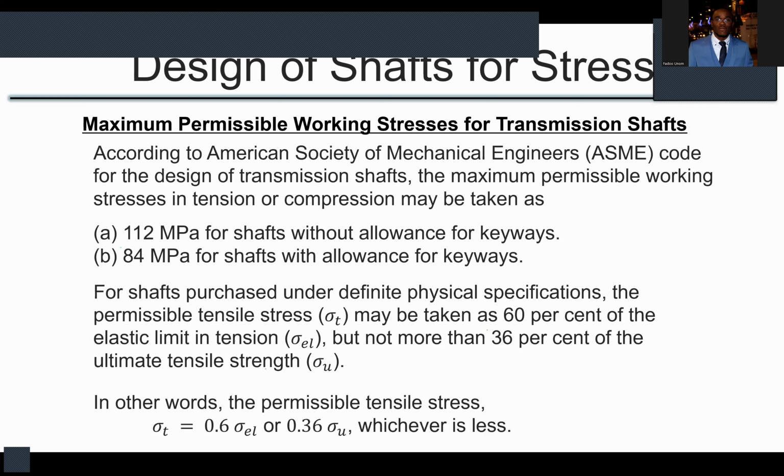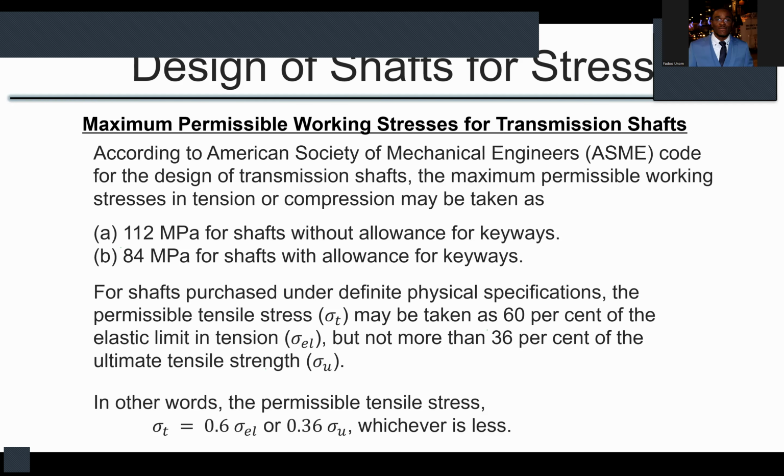That's when we get to the plastic region. Then you get to a point where fracture occurs. You talk about your yield stress, and then your maximum tensile stress, which is the point at which fracture occurs. But we are defining a maximum permissible.